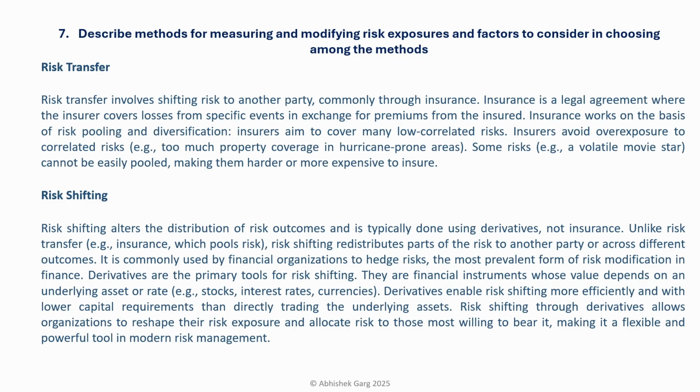The insurer aims to cover many low correlated risks. Insurers avoid the overexposure to correlated risks. They only insure those risks which can be easily pooled.